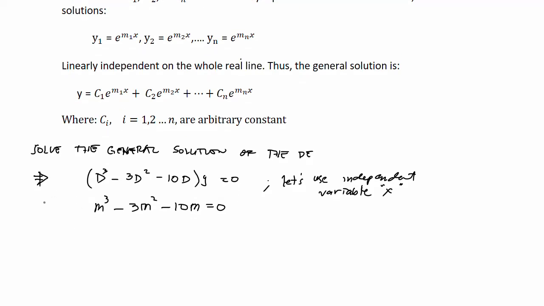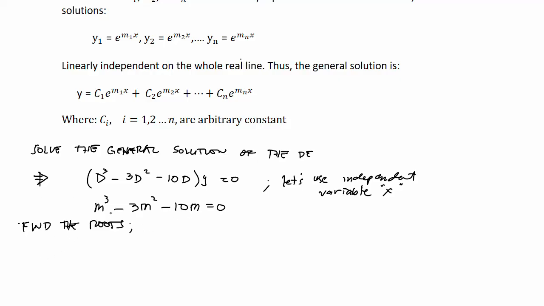Okay. So going back, we have m cubed minus 3m squared minus 10m is equal to 0. So let's find the roots. Since we have m raised to 3 here, we need to find 3 roots.